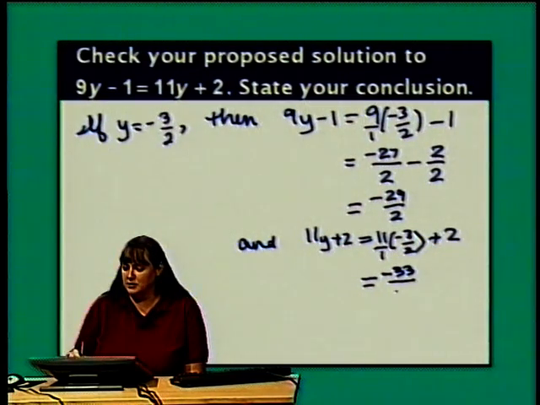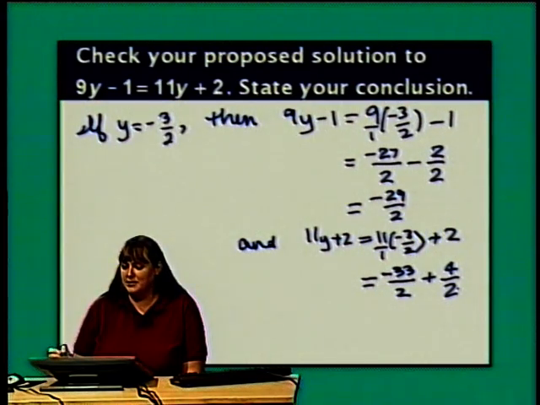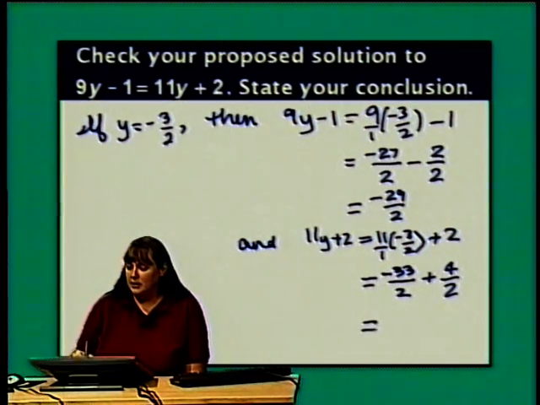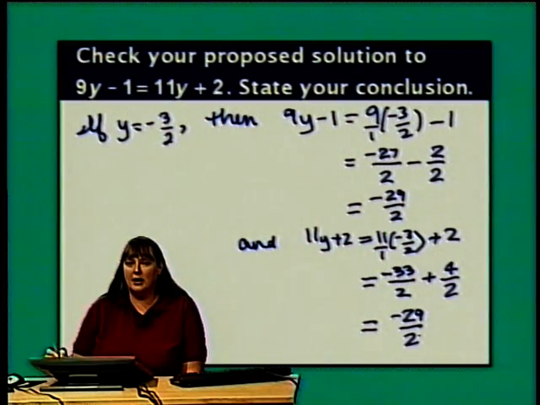My denominator is just 1 times 2, which is 2. Plus 2 I can write as 4 halves. 4 divided by 2 is 2, and I have the common denominator. Negative 33 plus 4 is negative 29. So negative 33 halves plus 4 halves is negative 29 halves.